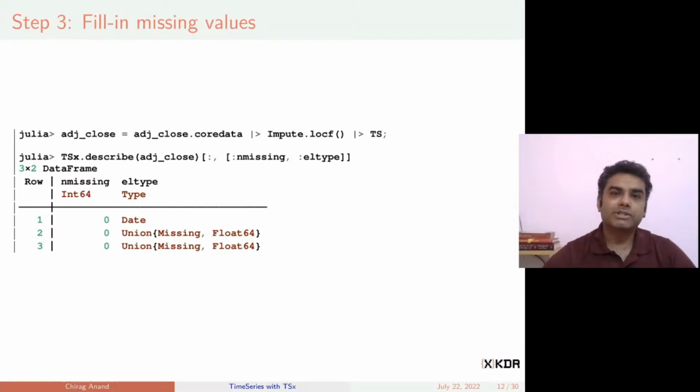Since impute.locf doesn't directly work on TS objects yet, we are using the core data property of the TS object, which is the underlying data frame. We take the underlying data frame, pipe it into impute.locf, which fills in the missing values, and then we convert it back into a TS object. As you can see from the output of the describe function, there are no missing values left.